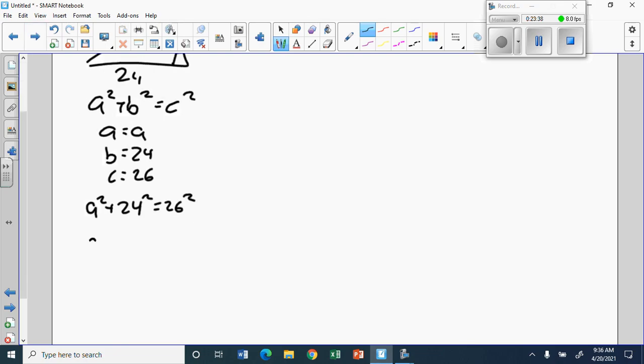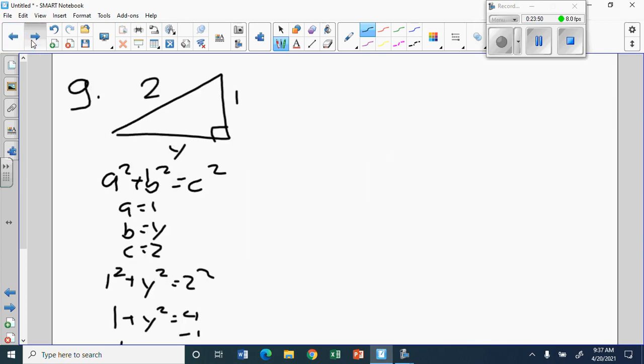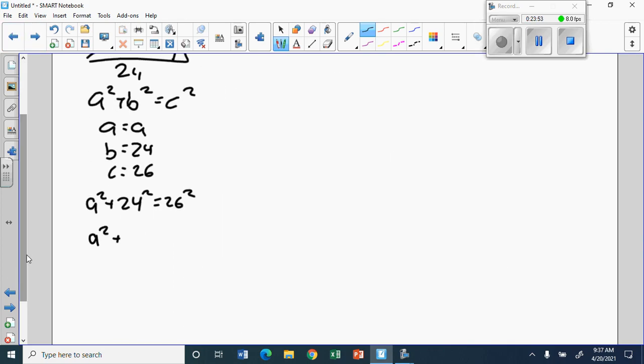A squared plus, just a little bit ago, didn't we do 24 times 24? No, we started with 25, right? It was 625. What's this 26 squared? 676. So we don't have to do that math again. I know that is 676.